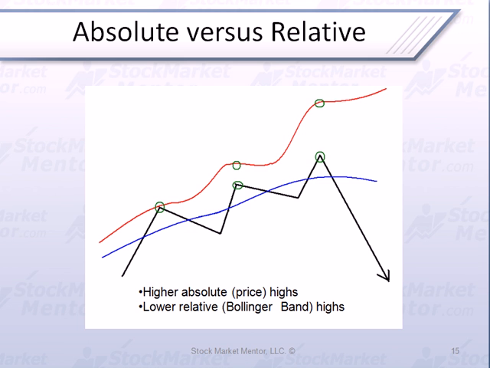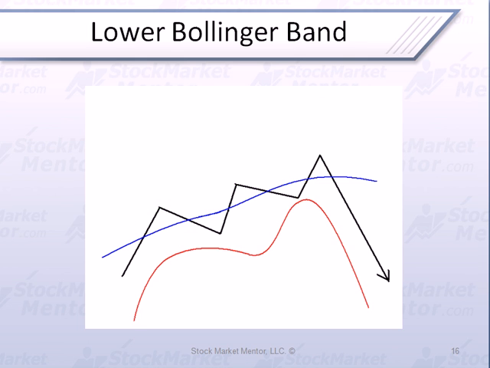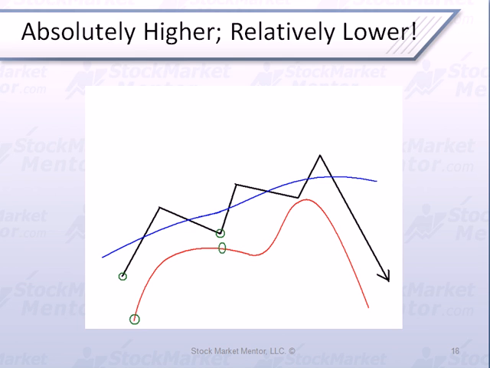Now, if we look at the lower Bollinger Band, we put this in there. Again, higher lows. What's happening though? You can see it. Relative to the first one, the price is well above the lower band. That's a good thing. Next one, the price is closer to the lower band, so it's kind of lower relative to the first one.